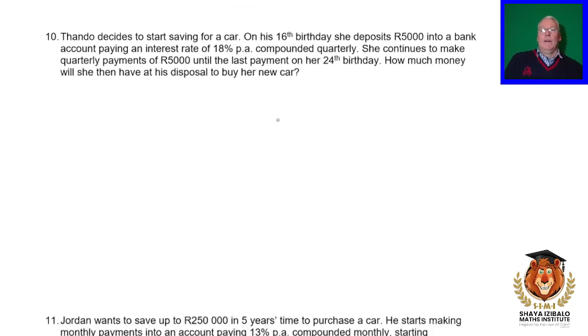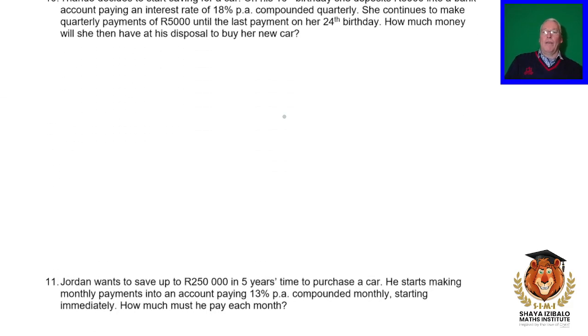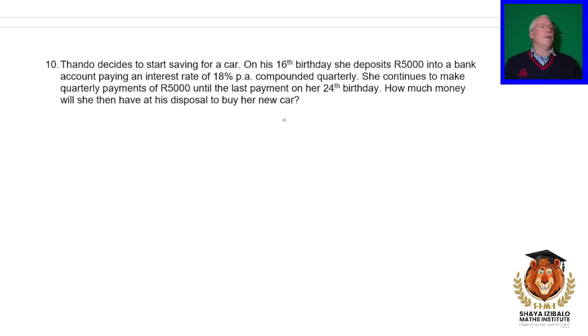Right, let's look now at another one. Thando decides to start saving for a car. On his 16th birthday, it says she deposits 5,000 Rand. It should either say his or her, sorry, maybe should be he.